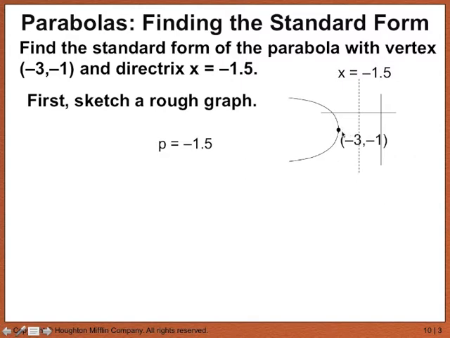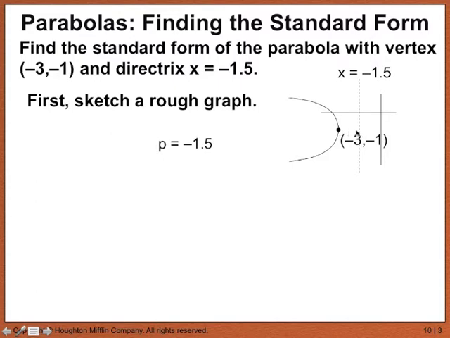So if the distance between the vertex and the directrix, that distance which I'm tracing right now with the mouse arrow, represents the distance from the vertex to the directrix, well, that is obviously a distance of 1.5, because the difference in the x-coordinates, -3 for the point and -1.5 for the line, is 1.5.